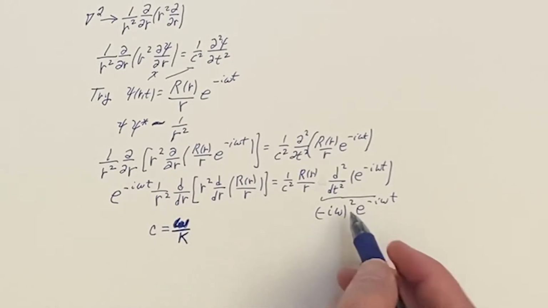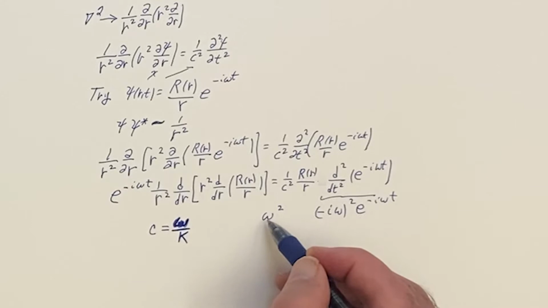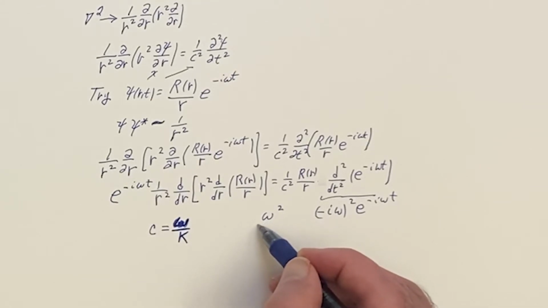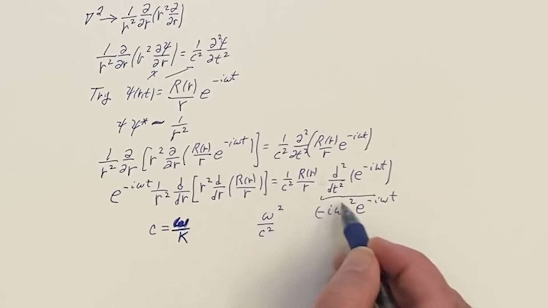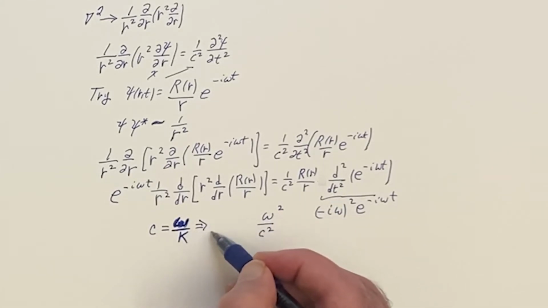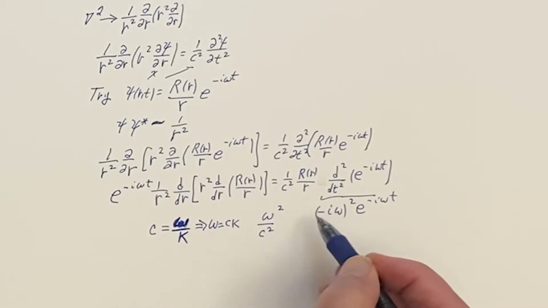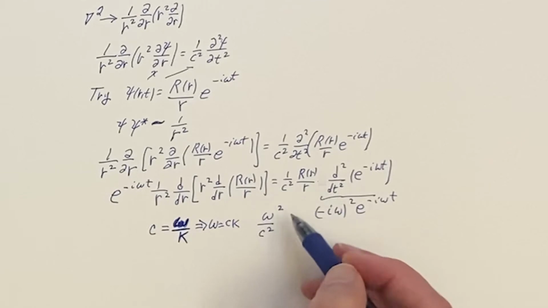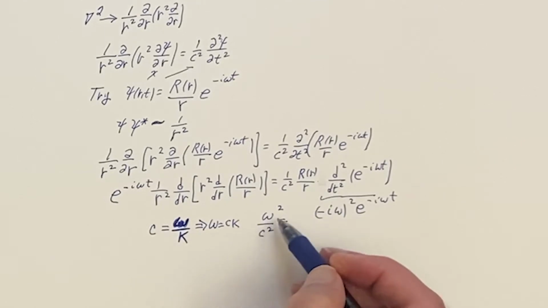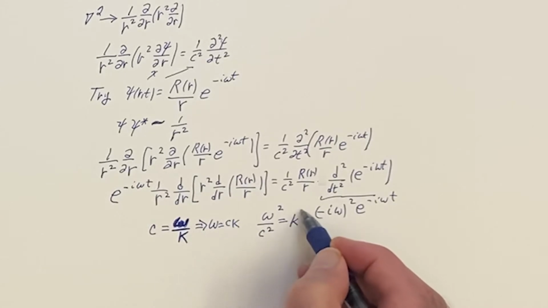So over here, you're going to have an omega squared over c squared on this side. Omega is ck, so omega over c is just going to be k, and omega squared over c squared is k squared.